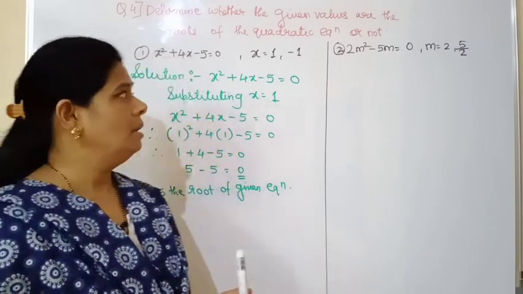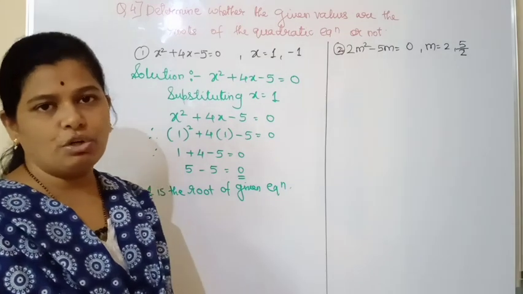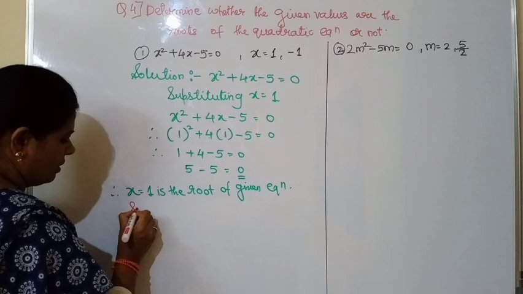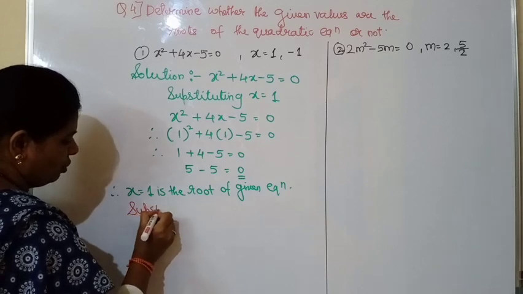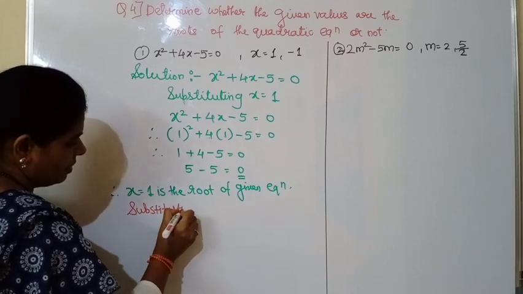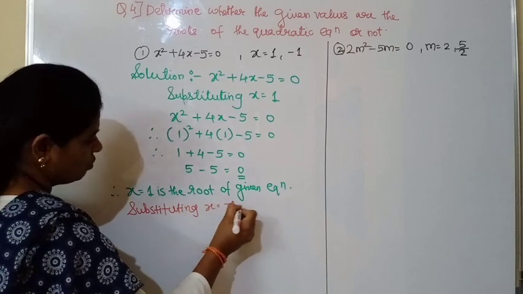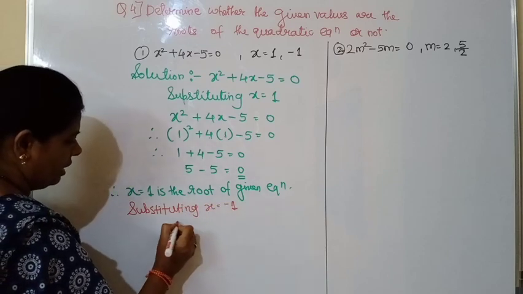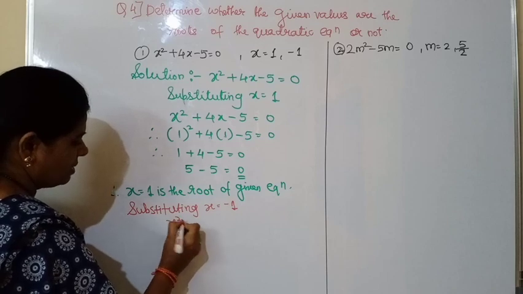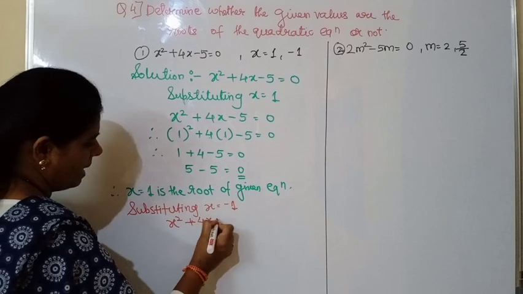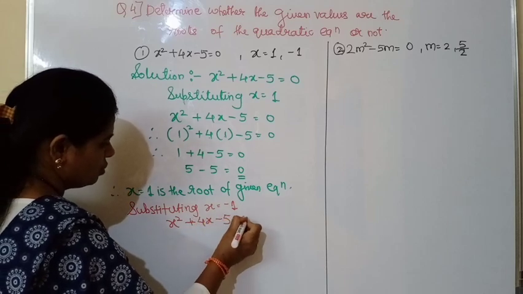Now we will substitute the second value, x equal to minus 1. The equation is x square plus 4x minus 5 equal to 0.